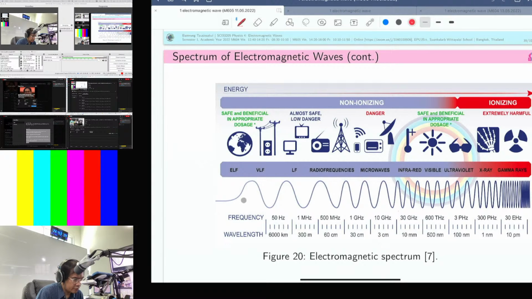You start from the very low frequency. You know that c is lambda f, so you can see that lambda depends on 1 over f, or f depends inversely on lambda.